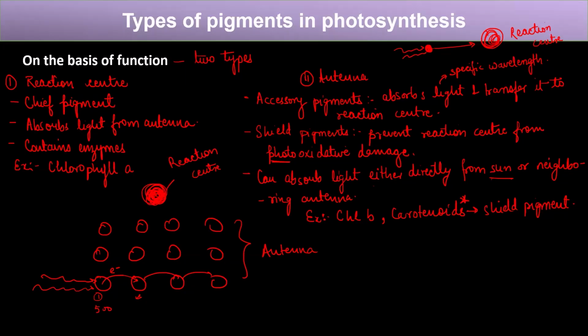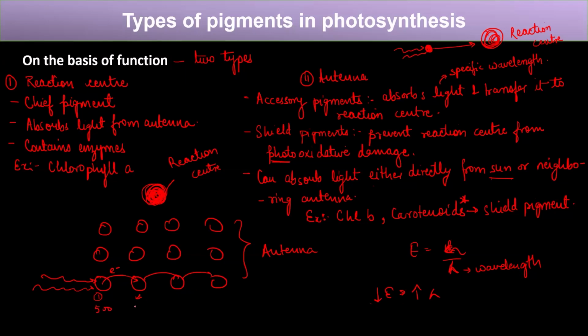Why does this happen? Because we know the formula E equals hc by lambda, so energy is inversely proportional to lambda, that is wavelength. Higher energy means lower wavelength, and lower energy means higher wavelength.